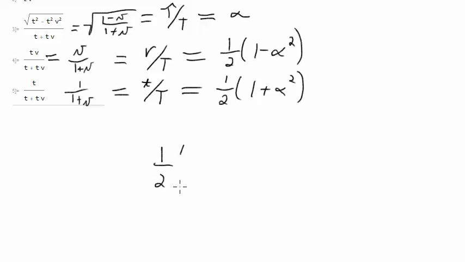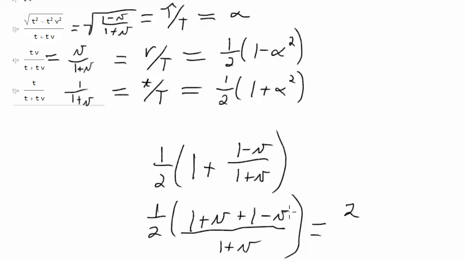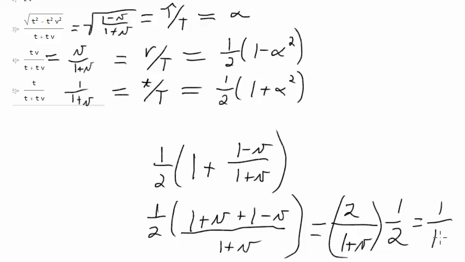This would be 1/2 of 1 plus, and then we'll have 1 minus v over 1 plus v after the squaring. So, which is 1/2 of 1 plus v over 1 plus v plus 1 minus v, which is 1 plus 1 is 2, plus v minus v is 0, over 1 plus v times 1/2, so it's equal to 1 over 1 plus v.